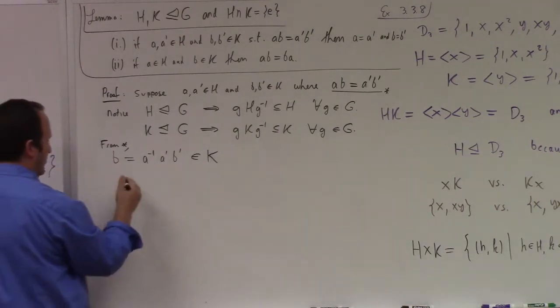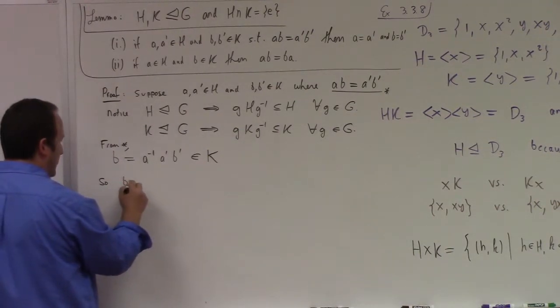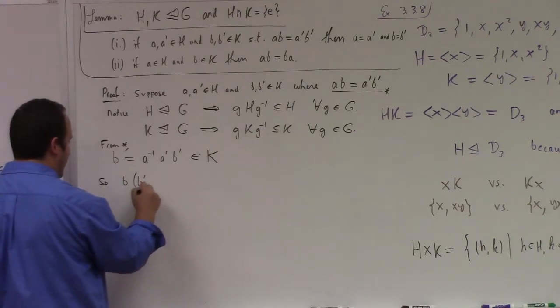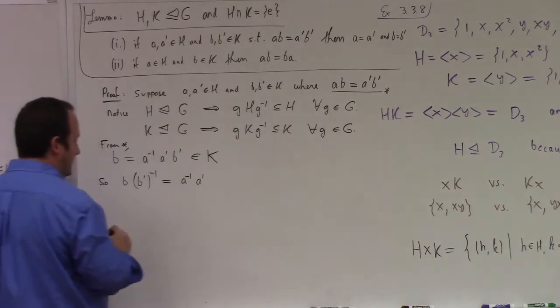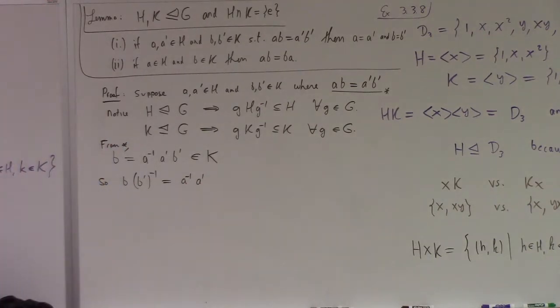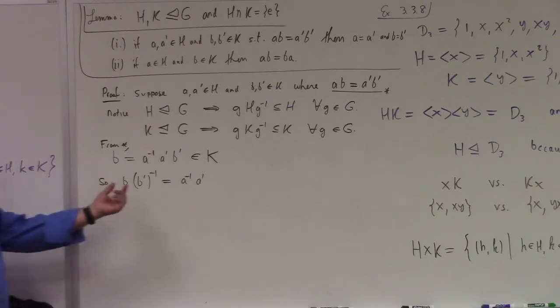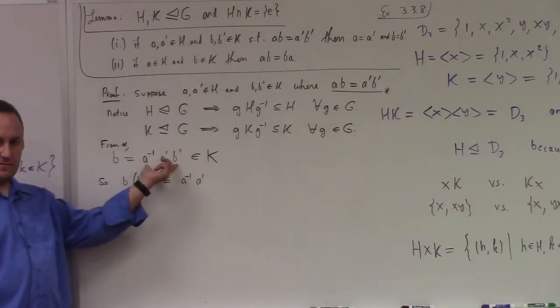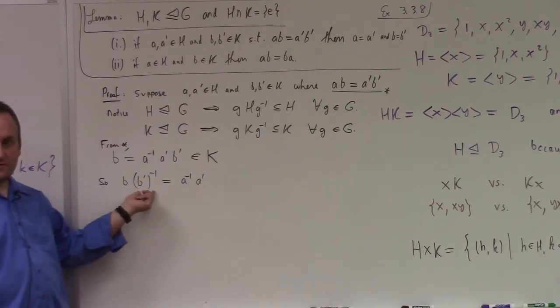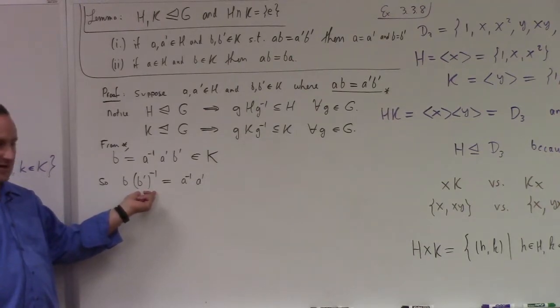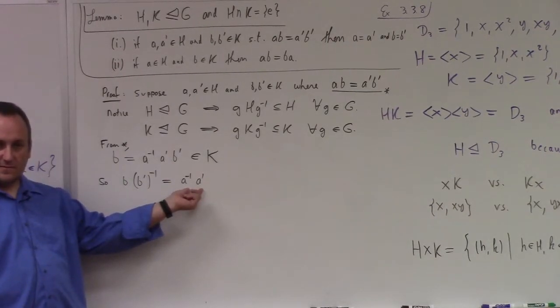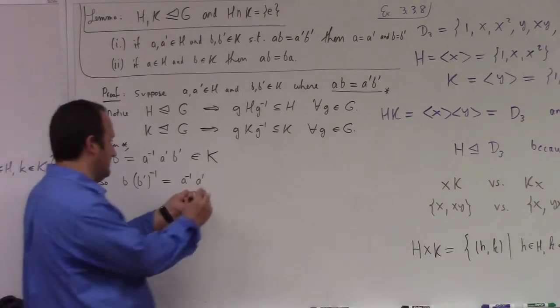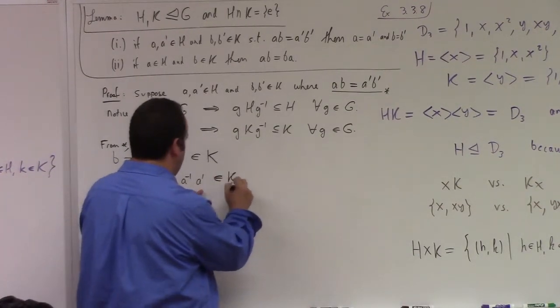Why don't we multiply by, so b times b prime inverse, which is equal to a inverse a prime, is an element of what? If we take an element of K, which was right above, right? And we multiply by the inverse of an element of K, what do we have? By closure of the subgroup, we have that this is also an element of K, right? Did you guys follow me?